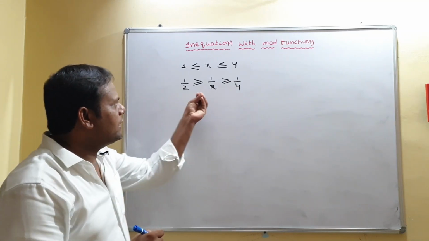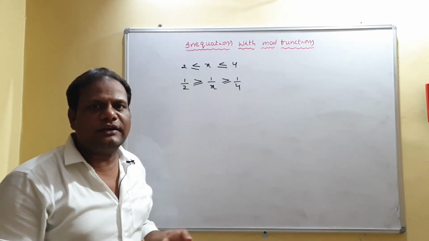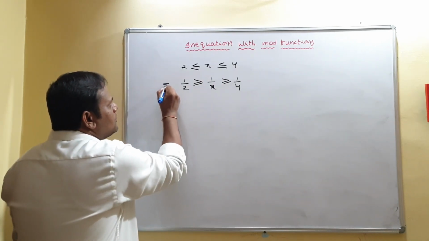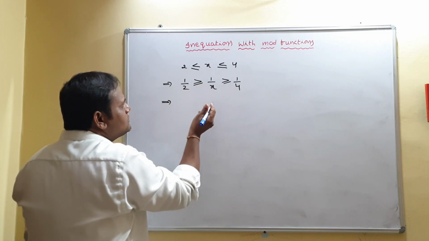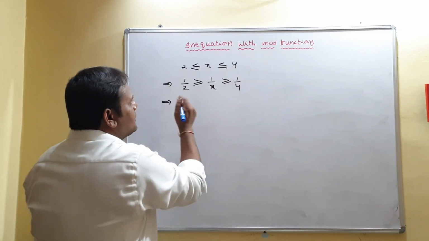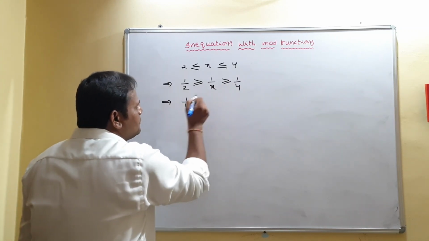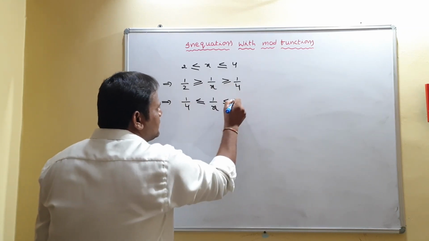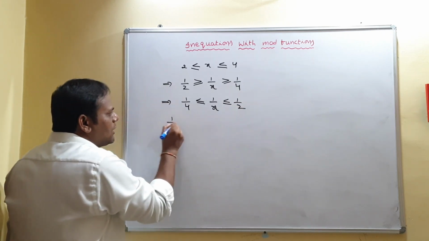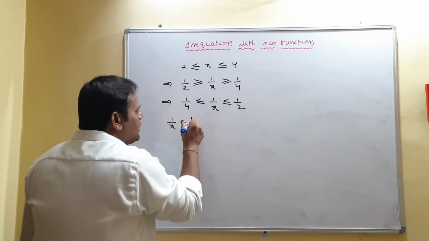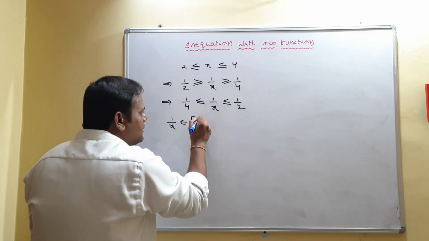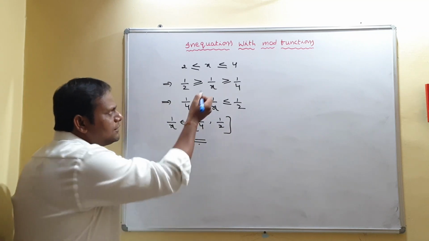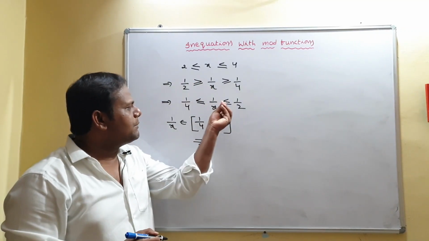If you take reciprocals of any inequation, the inequation sign changes. Now what about the 1 by x values? You write this in reverse order. Then you get 1 by 4 less than or equal to 1 by x less than or equal to 1 by 2. So 1 by x values are in between 1 by 4 and 1 by 2. This is the answer to this problem.